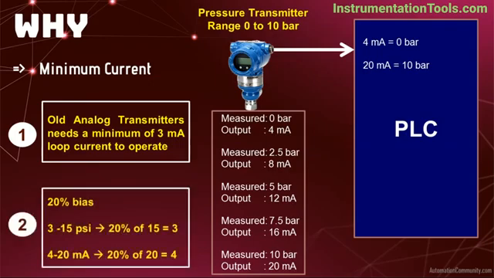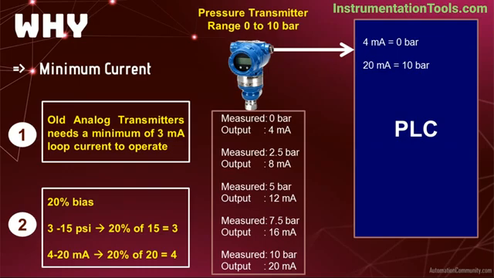The second reason is 20% bias. The engineers followed the 20% bias as one of the factors for selecting the 4 mA. Calculate the 20% bias for the standard 3 to 15 pounds per square inch pneumatic signal. 20% of 15 pounds per square inch is 3 pounds per square inch.